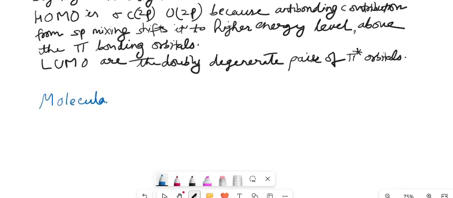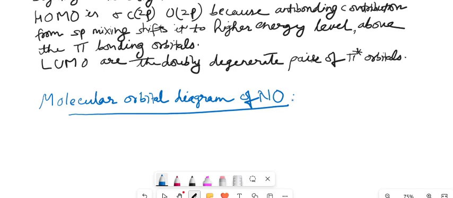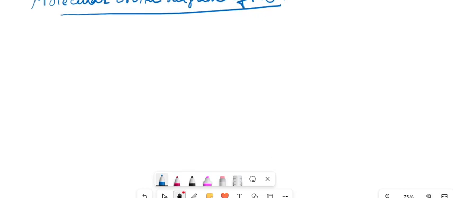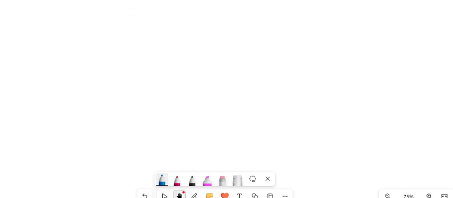Now we will draw the molecular orbital diagram of nitric oxide, that is NO. Nitrogen has electronic configuration 1s2, 2s2, 2p3, and oxygen 1s2, 2s2, 2p4.